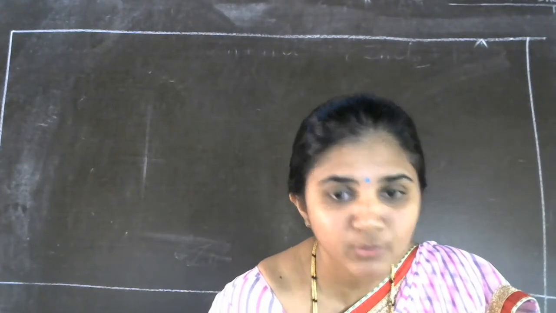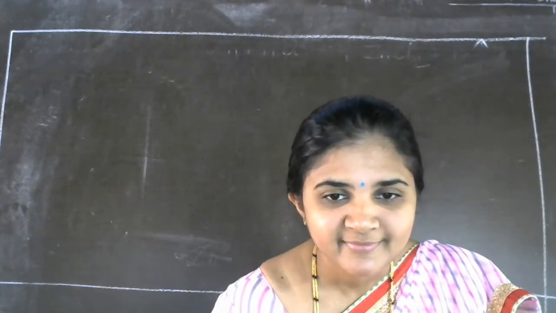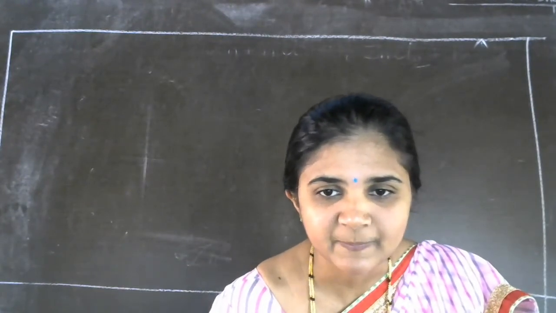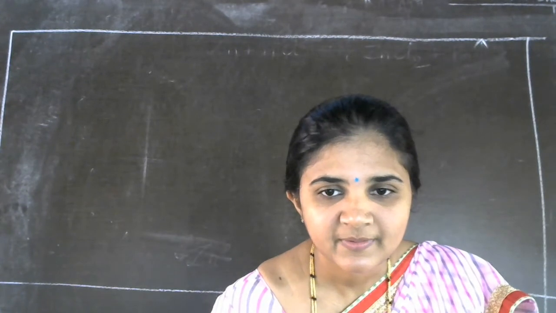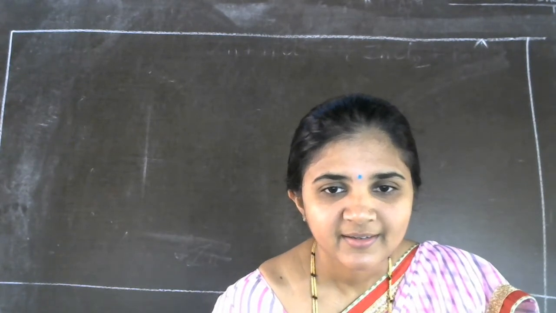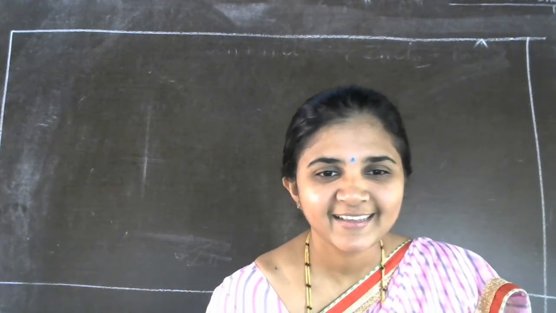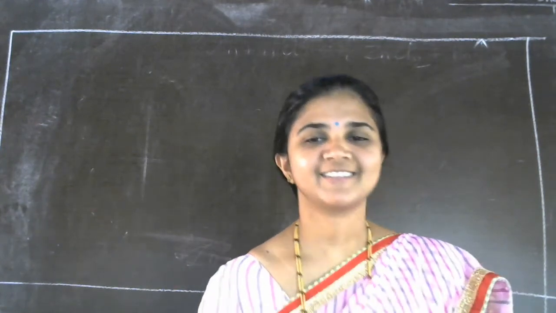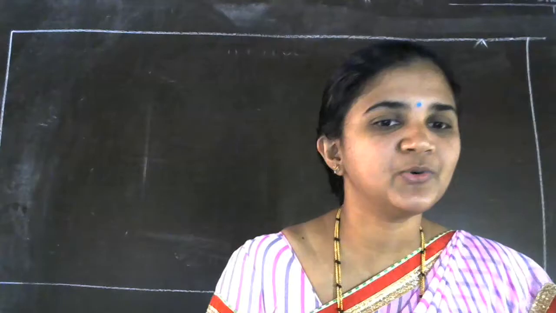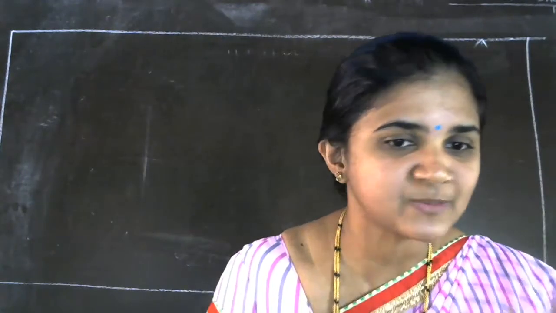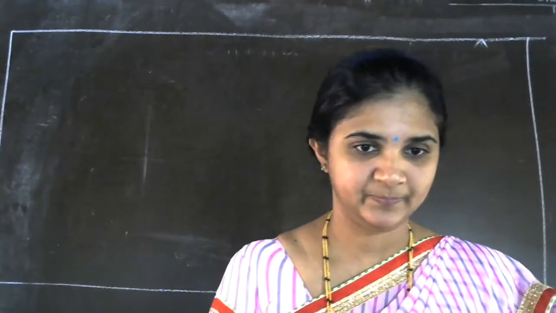Sorry, Bhuwana. Yes, Mataji. So when we draw the graph of a linear equation in two variables, what type of structure will we observe in the graph paper?